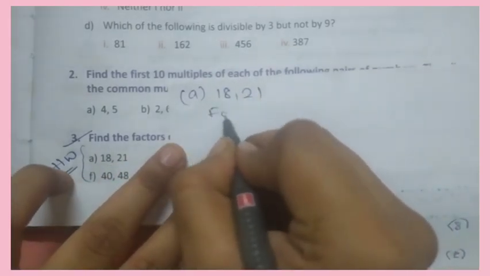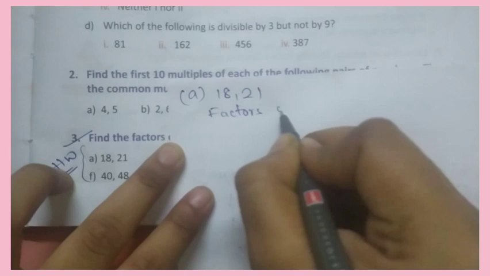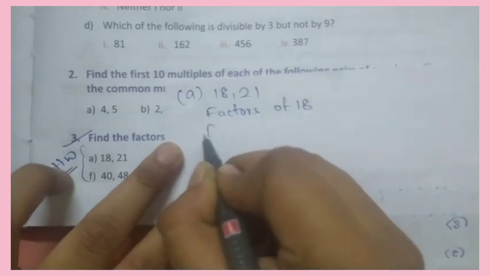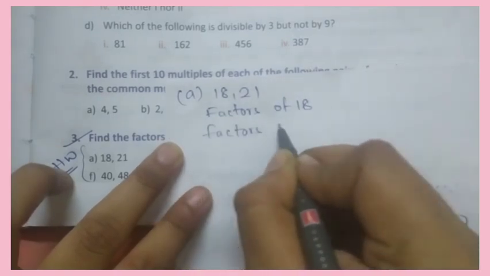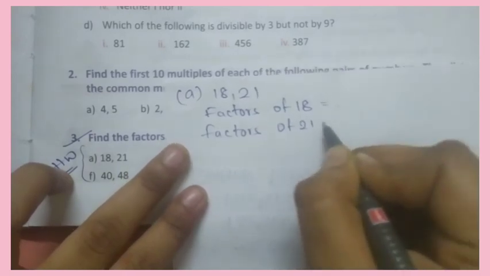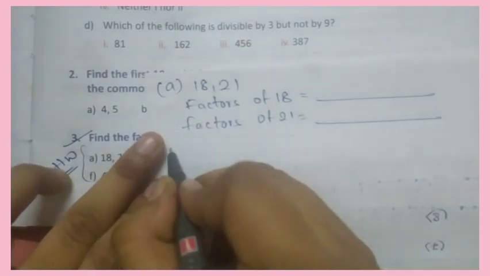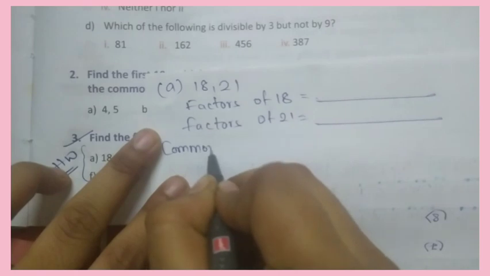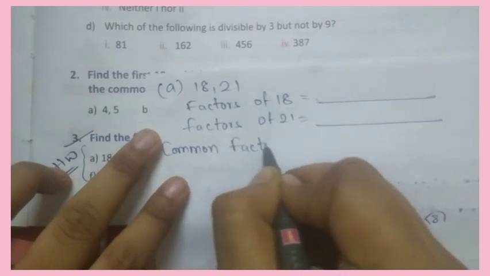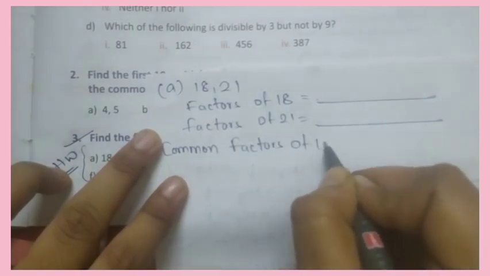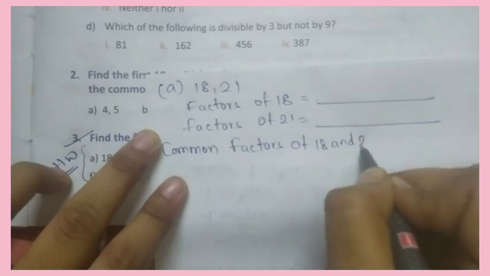First we will find the factors of 18, then the factors of 21, and then the common factors of 18 and 21.